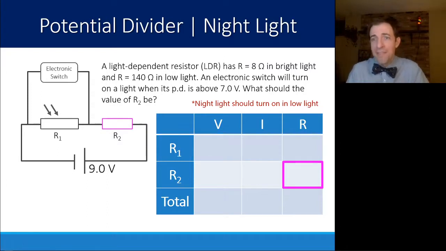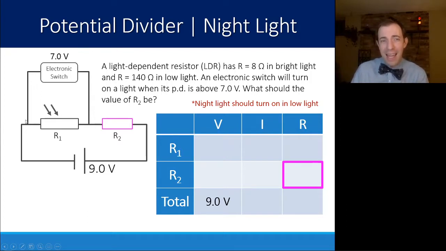Now let's go back and figure out what we've got. We know that our voltage, our battery here, is a 9 volt battery. So our total voltage in the circuit is 9 volts. We also know that we are looking at an electronic switch that only works if it is above 7 volts. So this switch is going to measure 7 volts.